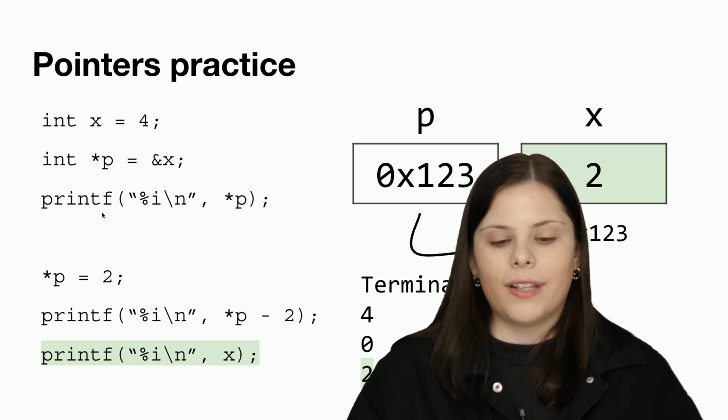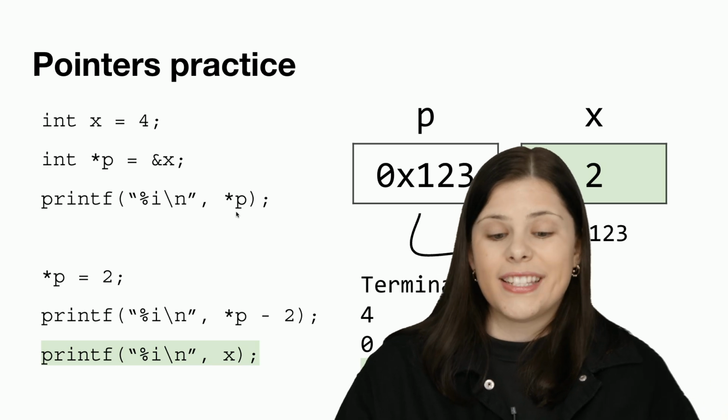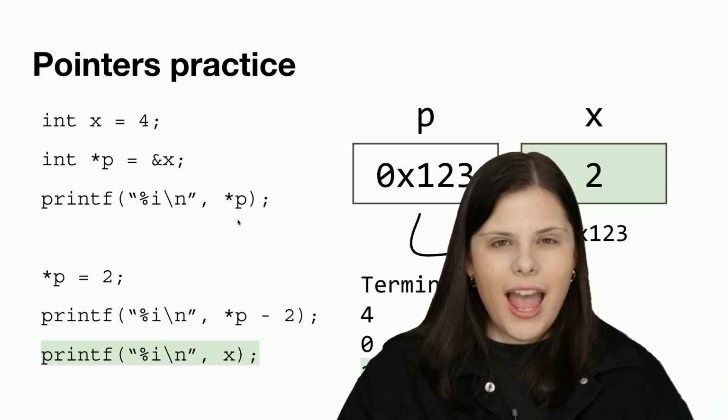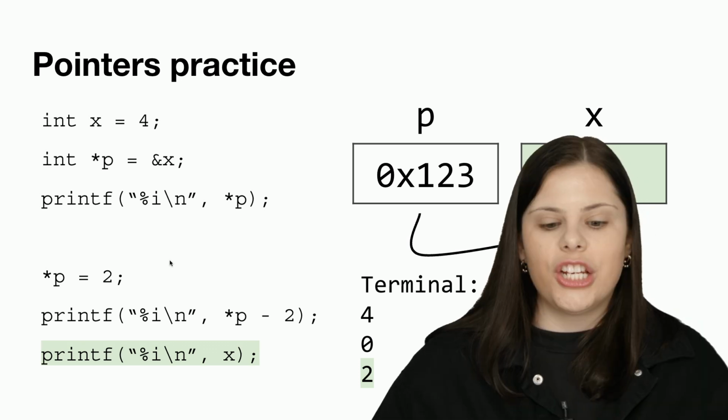Then our printf line, like we've seen a dozen times so far. To achieve the same result, I could have just said printf %i x, but I'm using the power of pointers to reference that value and print it out here on line 3. Again, harnessing the power of pointers and being able to reference the values without explicitly changing them.